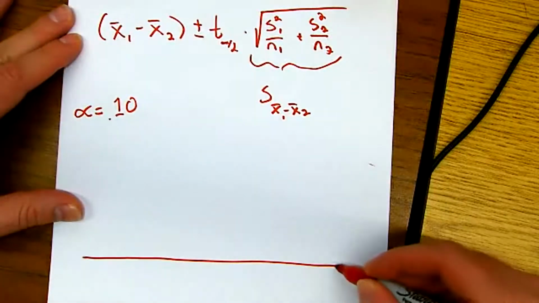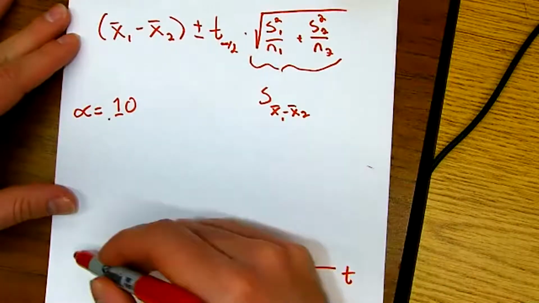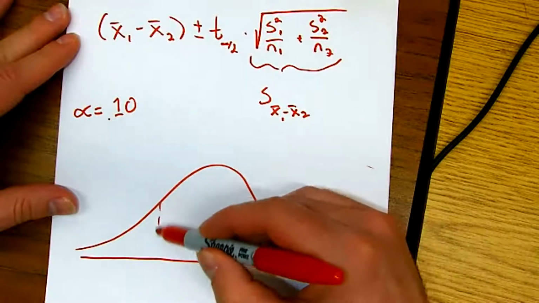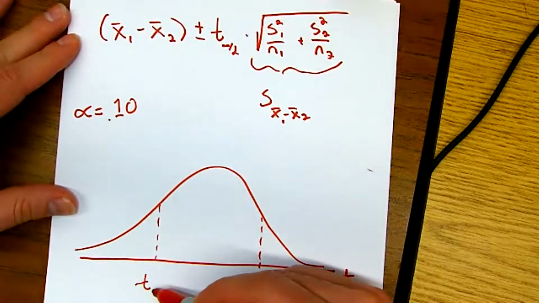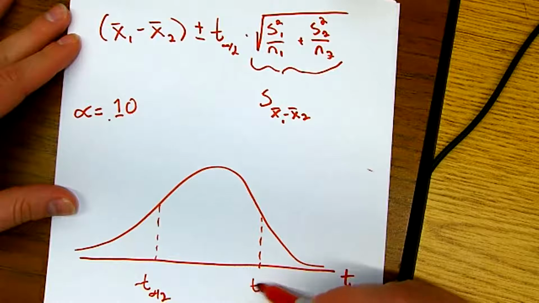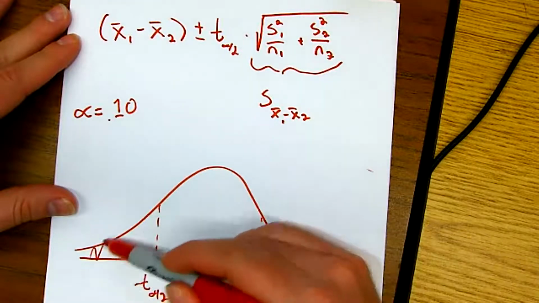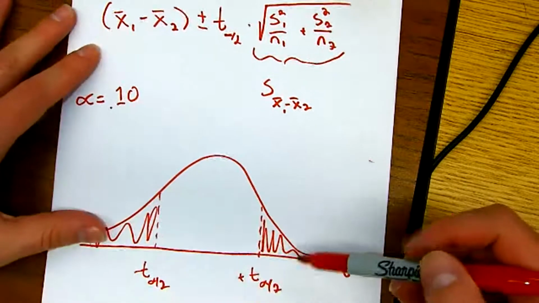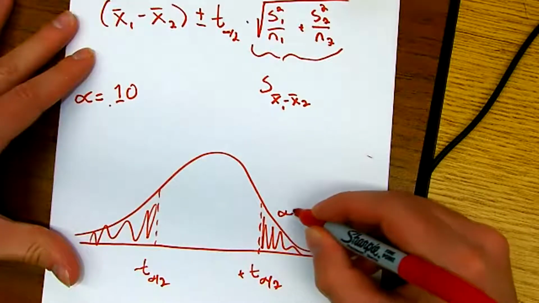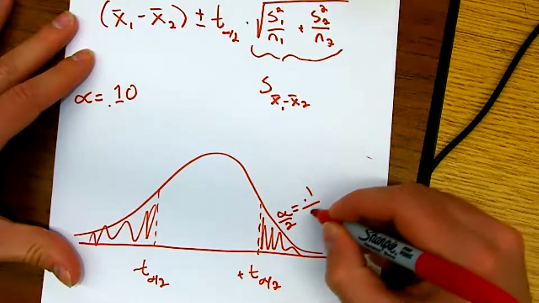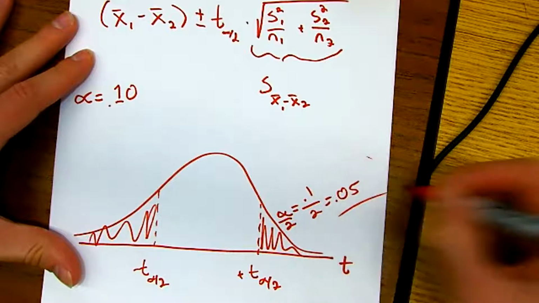I'm dealing with a student t distribution, so I want to find the t value that would give me alpha over 2 in either tail, or a total of alpha in the tails. So my alpha over 2 will be 0.1 over 2, or 0.05.